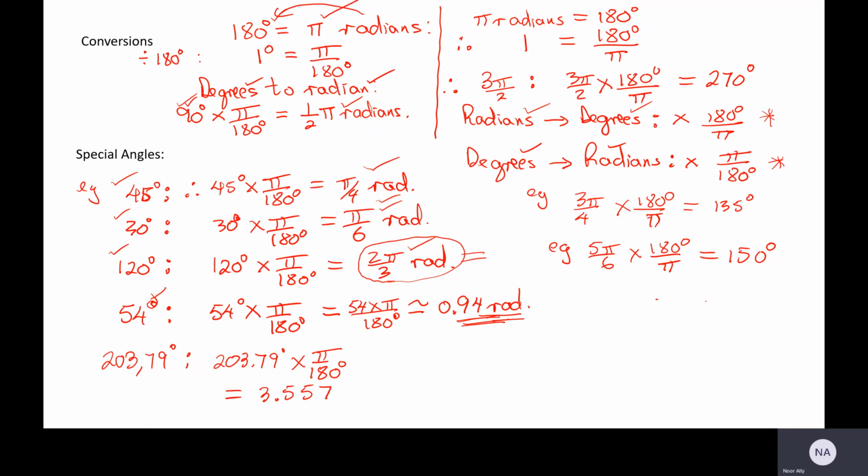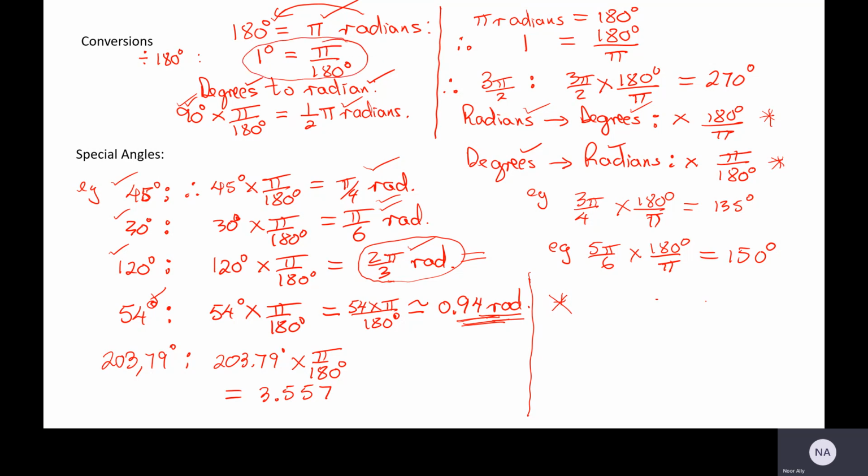When we go from radians to degrees, 180 over pi. Just get that. You'll notice that when you go from degrees to radians, the degrees will cancel off. Likewise for radians.